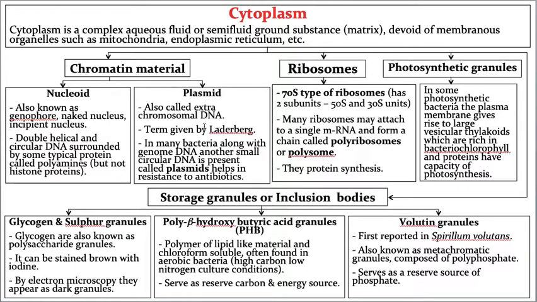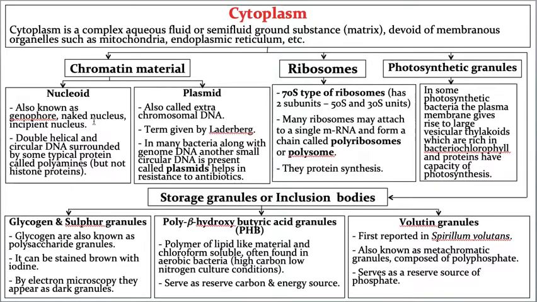Let us take one after one. The first part is called chromatin material. If you want, you can write genetic material, because the meaning is the same. Such chromatin or genetic material in prokaryotes is the nucleoid. So the nucleoid is the actual genetic material of a prokaryotic cell, which is also called genophore or naked nucleus.